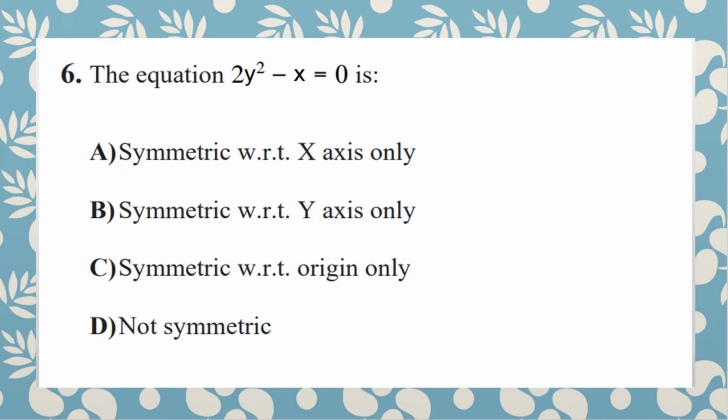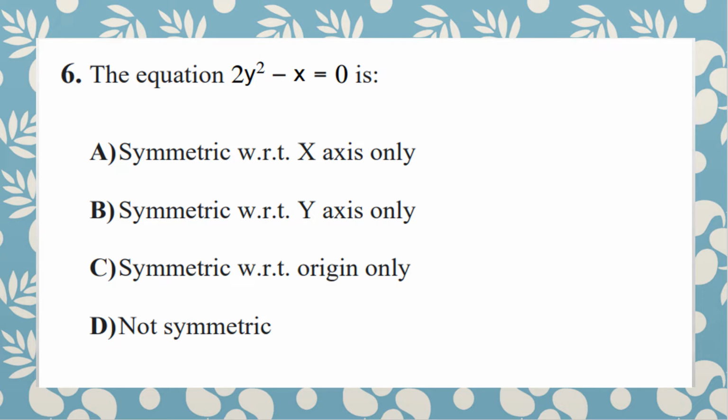Question 6. The equation 2y squared minus x equals 0 is A, symmetric with respect to x-axis only, B, symmetric with respect to y-axis only, C, symmetric with respect to origin only, D, not symmetric.